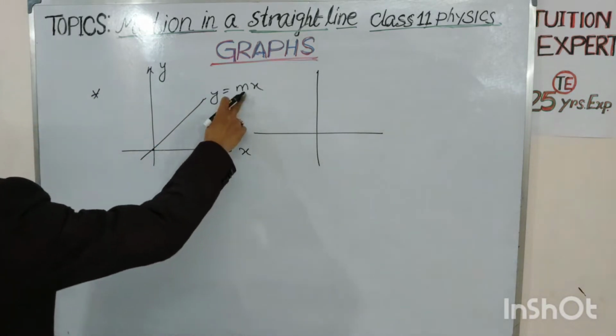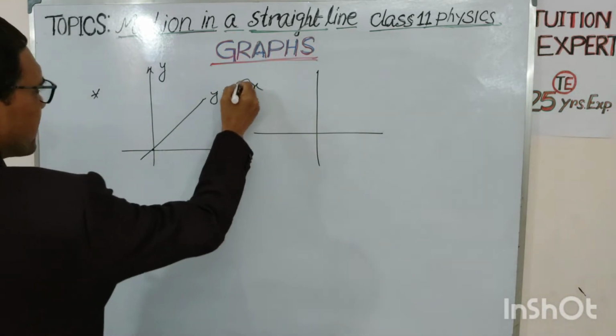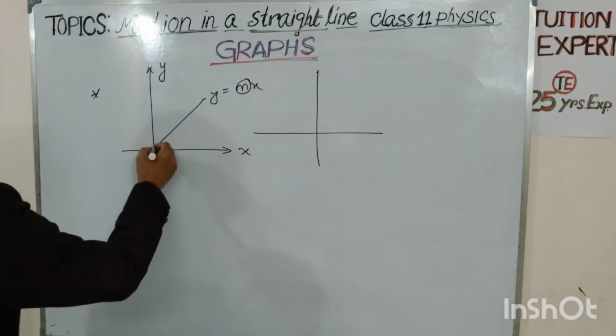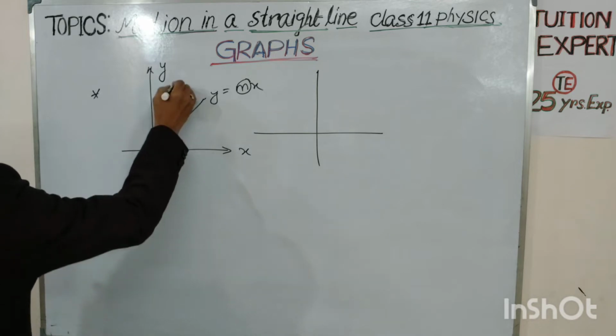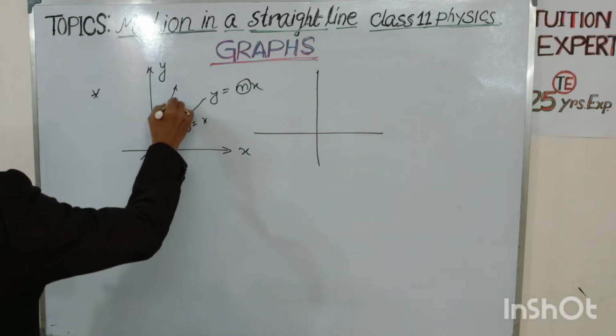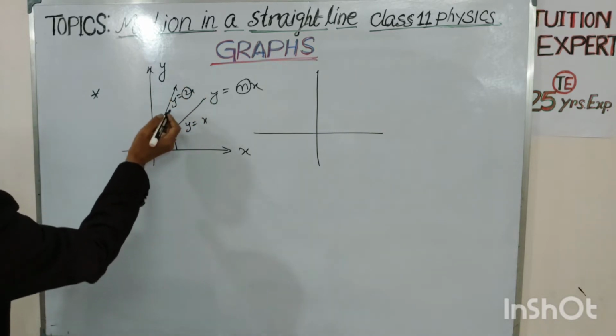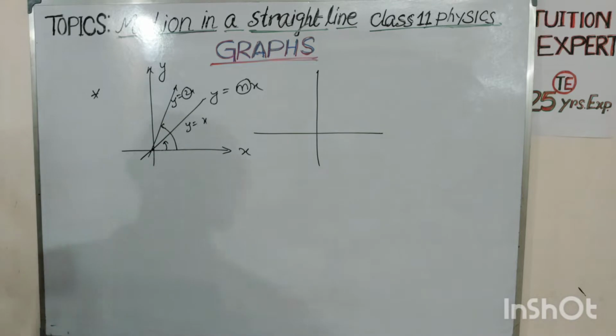Suppose y equal to 2x, y equal to 3x, all the graphs will be like this. If the value of m increases, then the slope also increases. Suppose this is y equal to x and this is y equal to 2x. As the slope increases, the straight line shifts towards the y-axis.